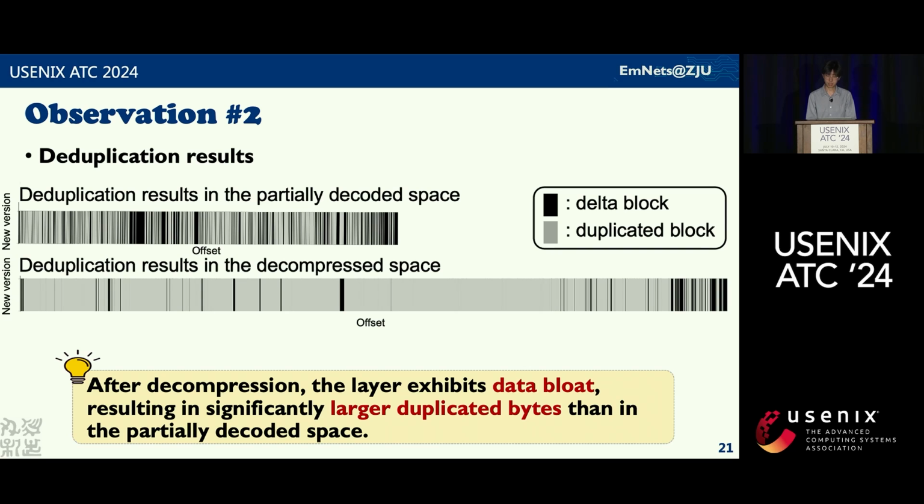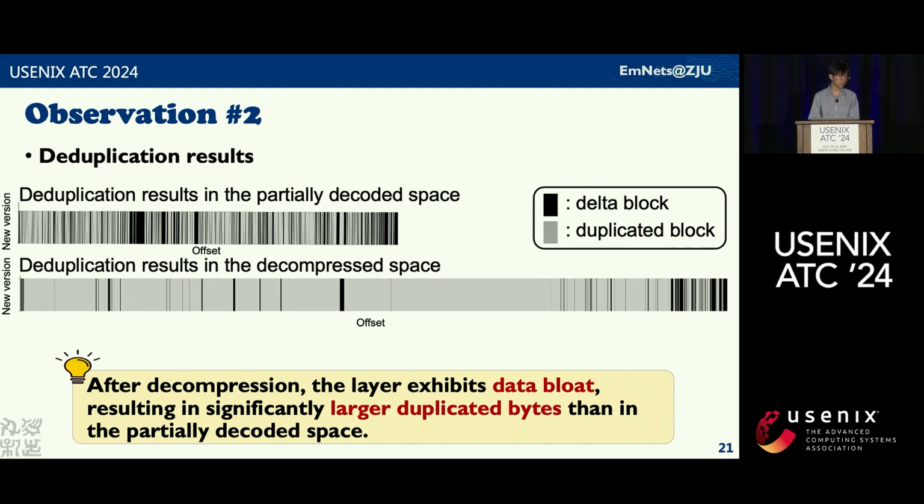The results in the figure yield two observations. First, in the partially decoded space, the layer exhibits more data chunks compared to the decompressed space. The second is that after decompression, the layer exhibits data bloat, resulting in significantly larger duplicate bytes than in the partially decoded space.